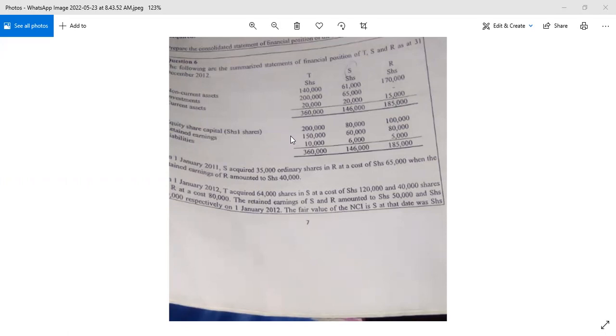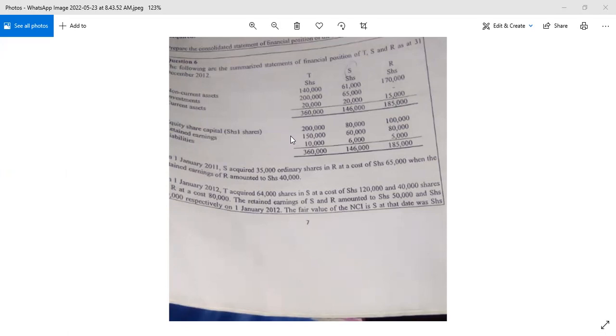They're saying that T, first of all, controls S. It has 80%. Then S has shares in R, and they are 35%.